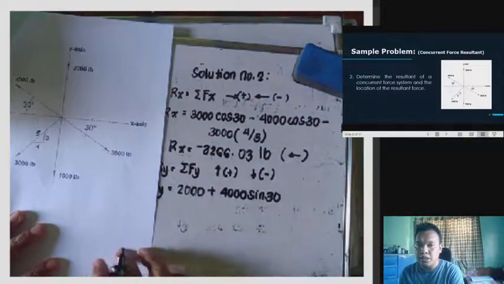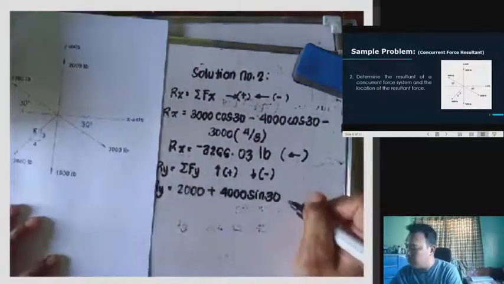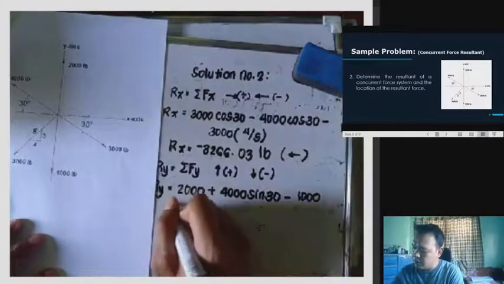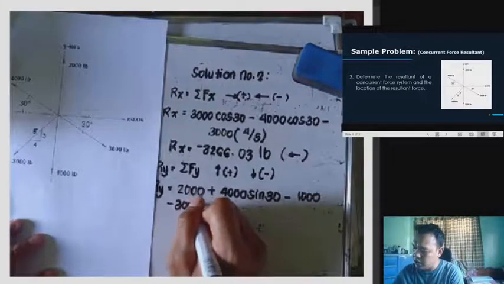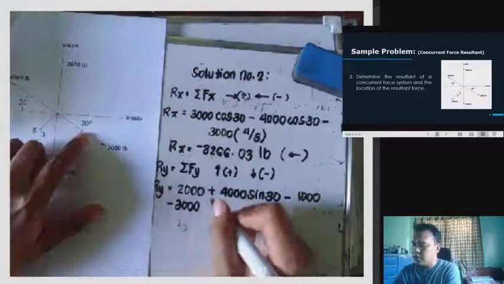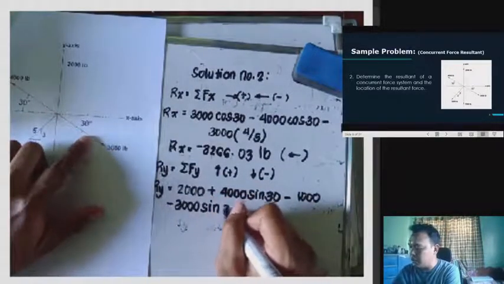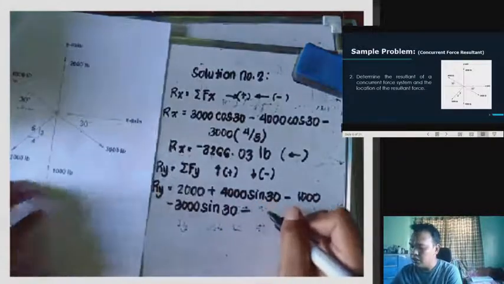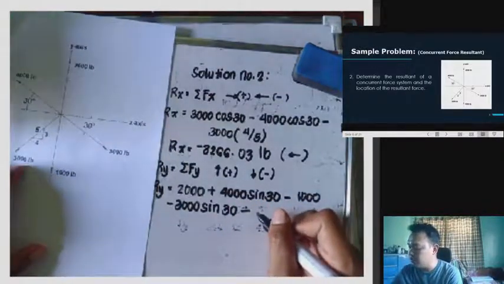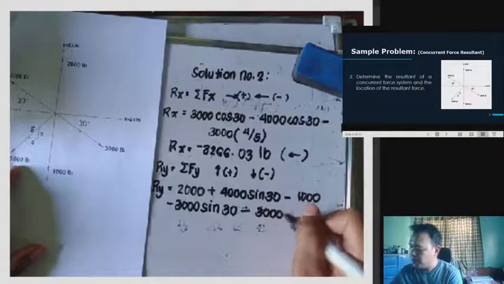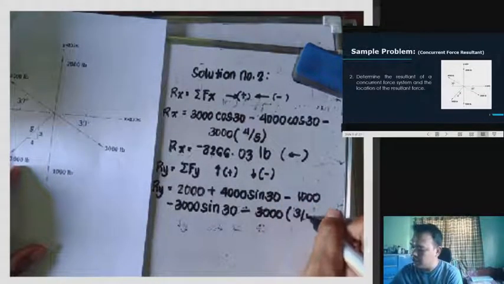Then yung mga going down, which is ito, at ito. Minus 1,000 minus 3,000 sine 30. Yung fy nito, which is equivalent to 3,000 multiplied by 3 over 5.